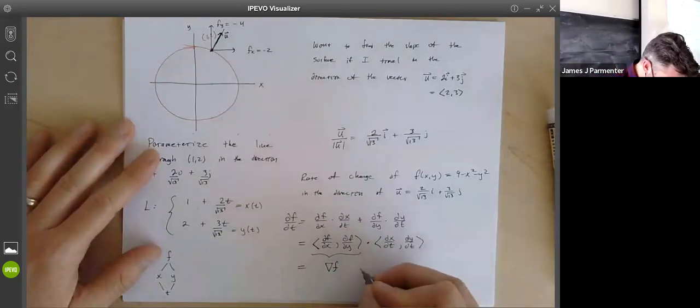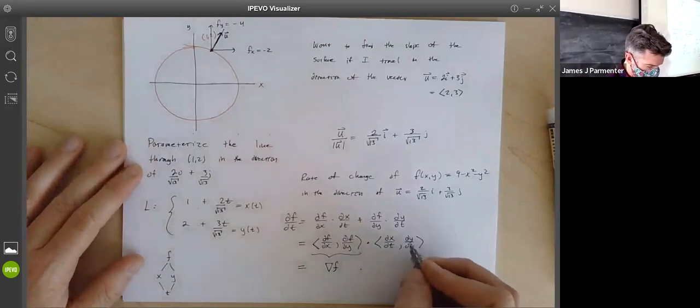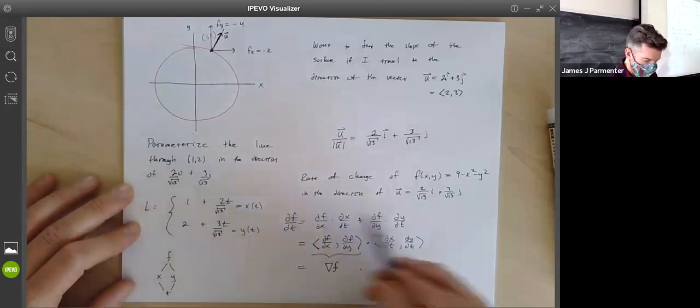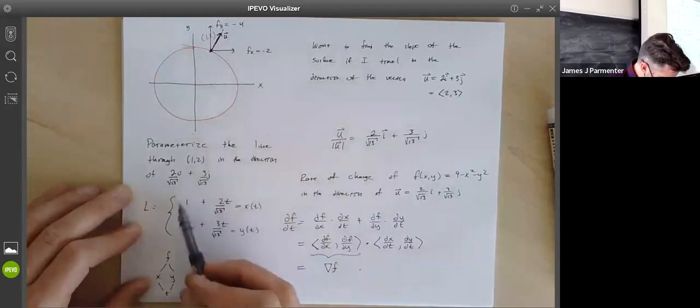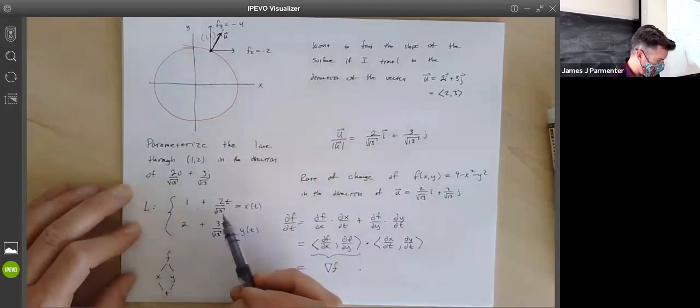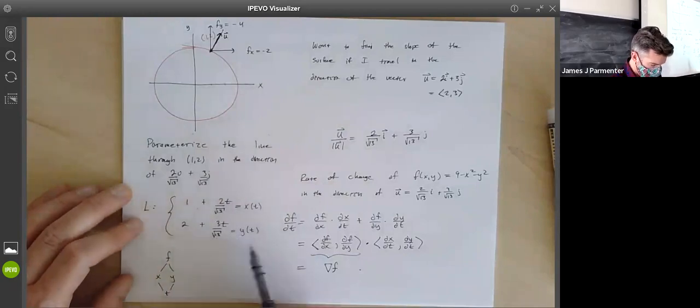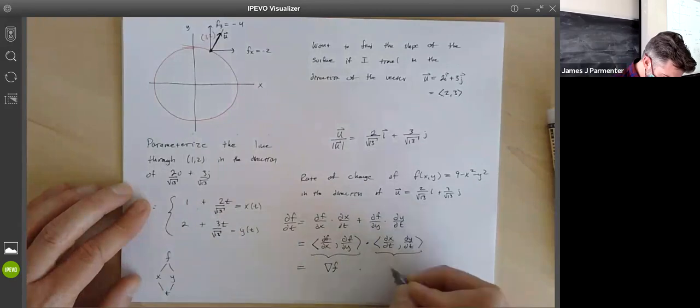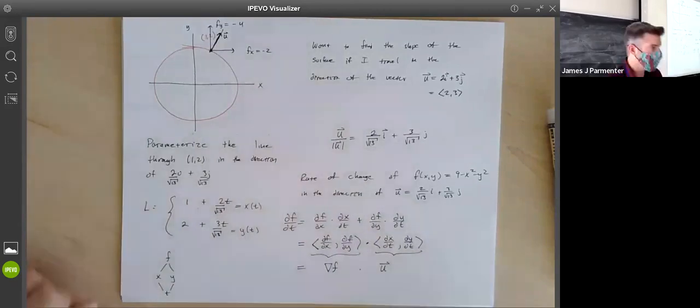Right? The gradient of f is just the vector of partial derivatives. And that there, dx dt, dy dt, well, dx dt is the x component of your vector u, right? Take the derivative of this with respect to t, you're going to get 2 over root 13. Take the derivative of this with respect to t, you're going to get 3 over root 13. This vector here is just your vector u.